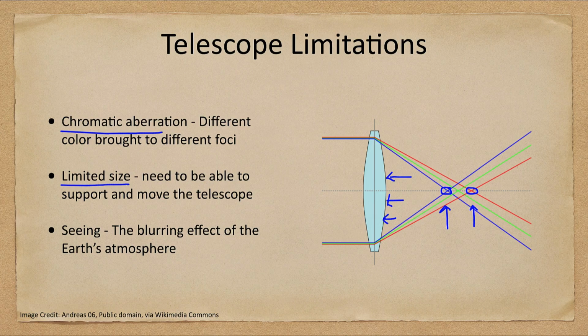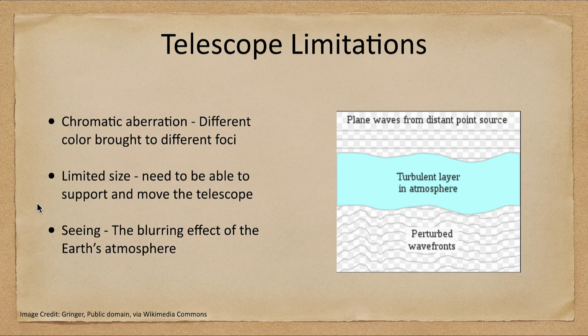Now we certainly could build a larger one today, but not coming close to the large mirrors that we'll be talking about soon. Now, one of the other limitations that applies to all telescopes is what we call seeing. Seeing is the blurring effect of Earth's atmosphere. So the light comes in all nice and smooth from space.